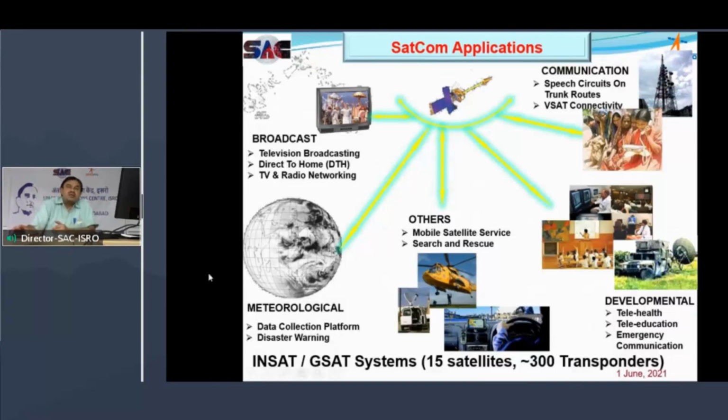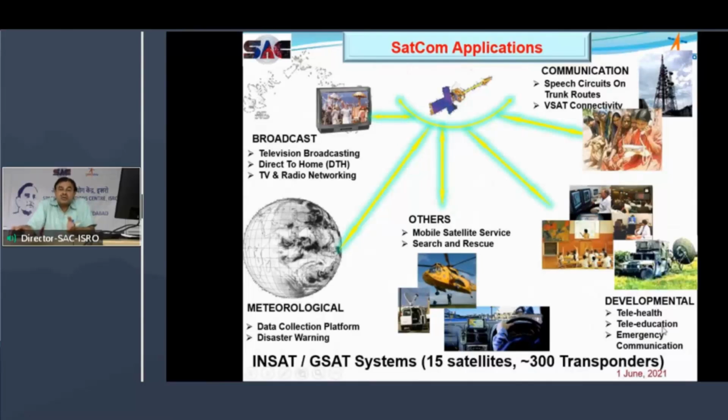And apart from that, these communication satellites are also used for telemedicine, telehealth, and the importance of that we realized during this pandemic, that sitting at your home, you can consult a doctor through the internet link or a satellite communication link. So again, there satellite comes very handy.